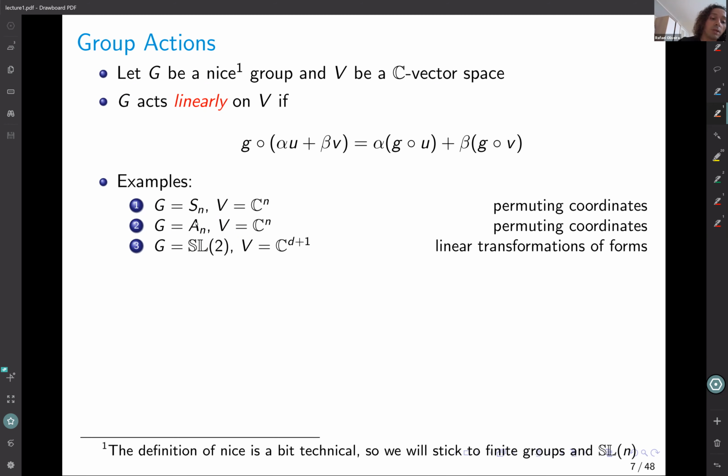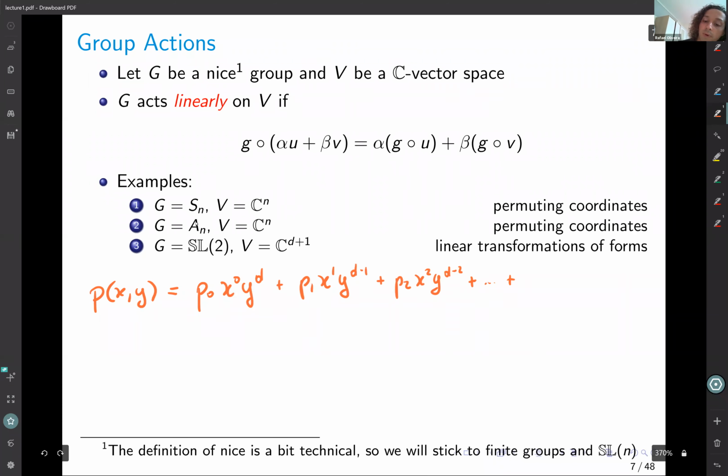If you think of a polynomial in two variables, p(x, y), which is homogeneous of degree d, we can write this polynomial in the following form: p0 x^0 y^d, plus p1 x^1 y^(d-1), plus p2 x^2 y^(d-2), and so on, all the way up to pd, which is x^d y^0.